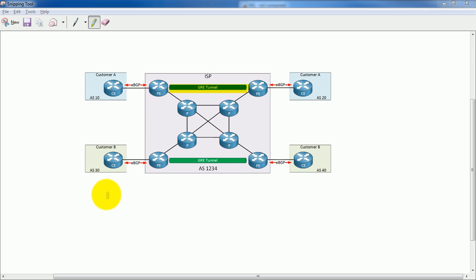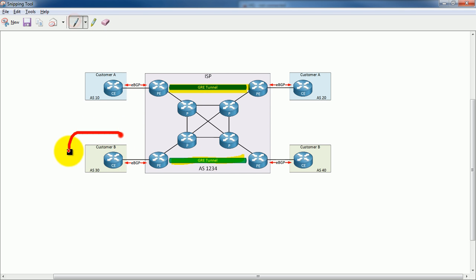Take a look at the picture below. In the picture below, I entered two GRE tunnels. The two PE routers at the top will have a GRE tunnel for the customer A sites. And the two PE routers at the bottom will have a GRE tunnel for the customer B sites.